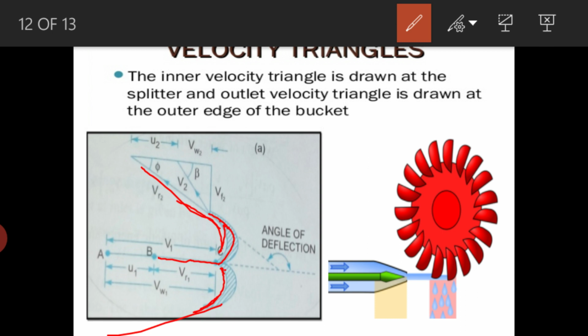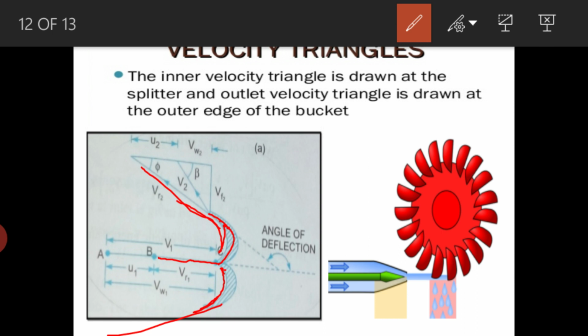The inlet velocity triangle is drawn at the splitter, and the outlet velocity triangle is drawn at the outer edge of the bucket. And this velocity triangle is drawn by the same method as we studied previously.